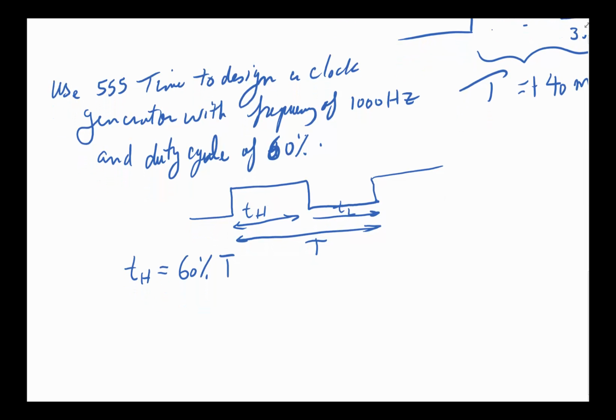The other thing we know is that T, capital T, is 1 over frequency. They told us it's 1 over 1,000 hertz, which means this is going to be 1 millisecond. Or let's put everything in seconds, that's 10 to the minus 3 seconds.